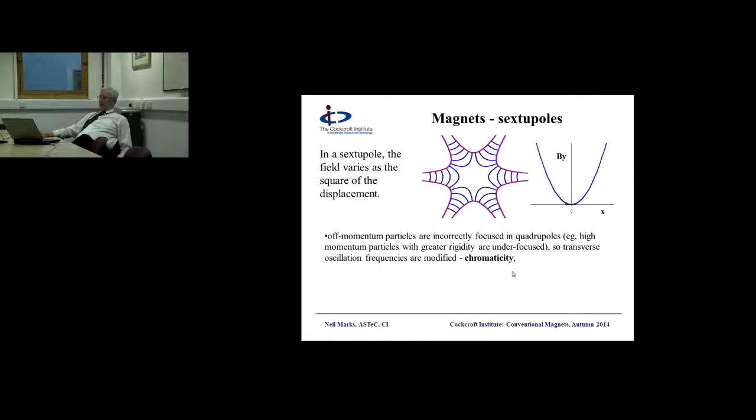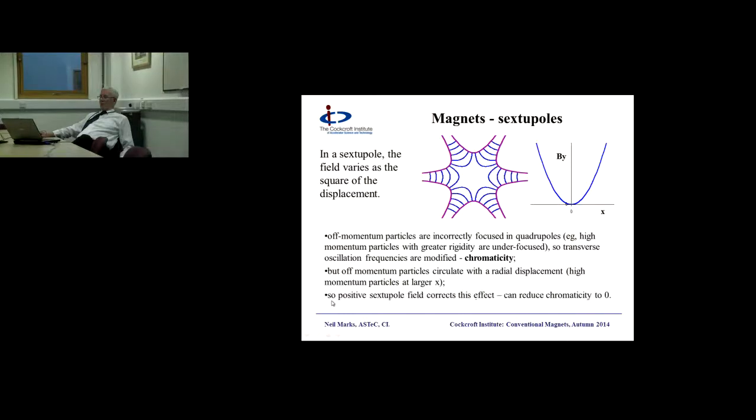Off-momentum particles are incorrectly focused in a quadrupole. If they've got too high a momentum and the quadrupole's got a uniform gradient, then it is not going to be able to focus the high momentum particles adequately, and the low momentum particles will be focused too much. And that is what we refer to as chromaticity. But the sextupoles are able to correct the chromaticity.